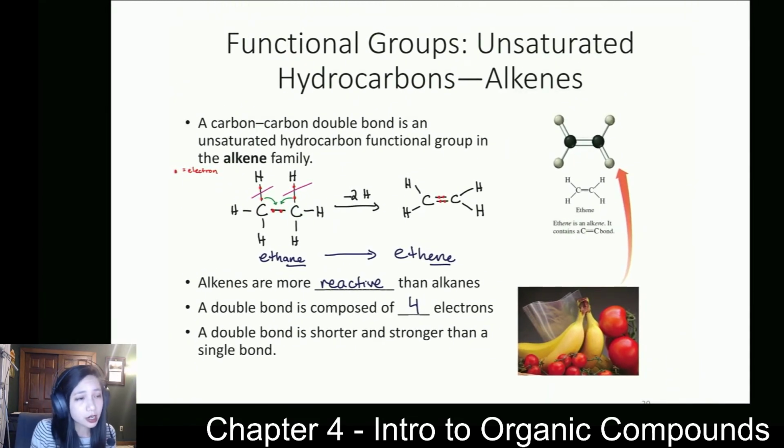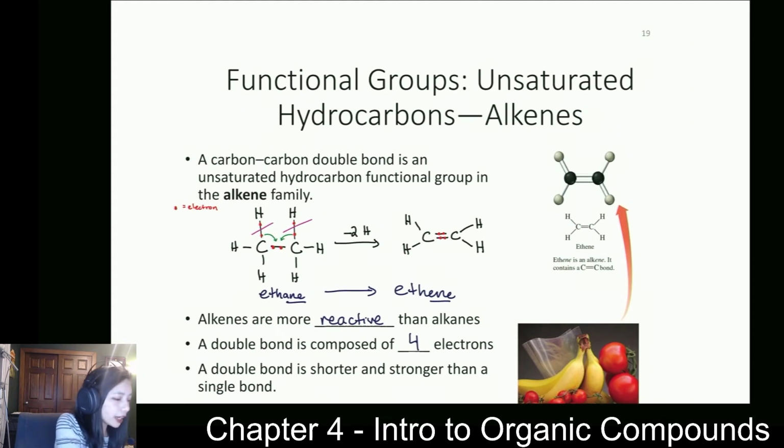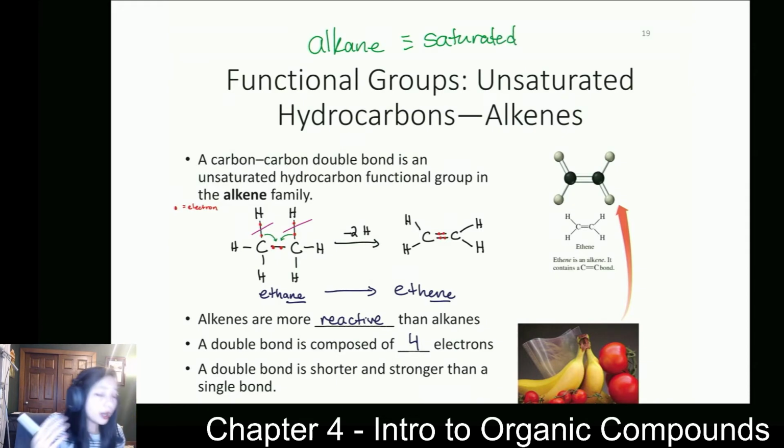We can functionalize an alkane chain by removing some of the hydrogens and making either double bonds or triple bonds. These functional groups fall under the class of unsaturated hydrocarbons. Alkanes, what we were looking at before, where everything was a single bond, are saturated hydrocarbons, meaning that every carbon has 4 bonds on it.